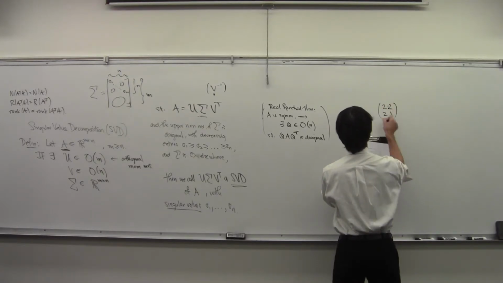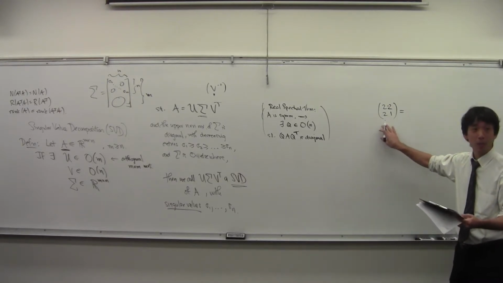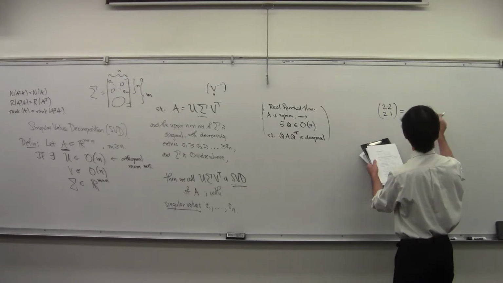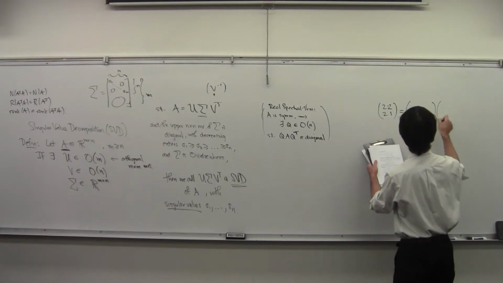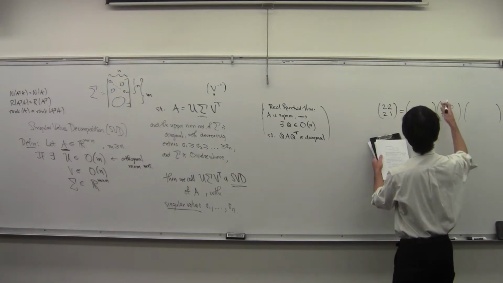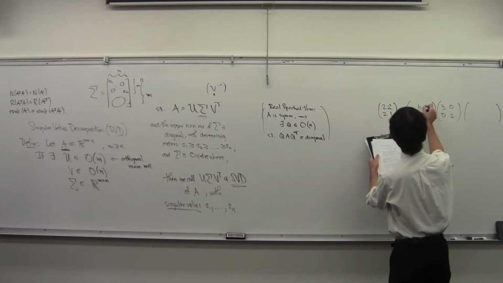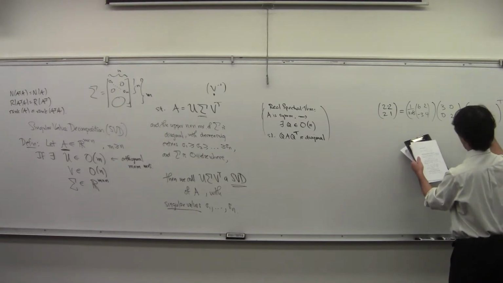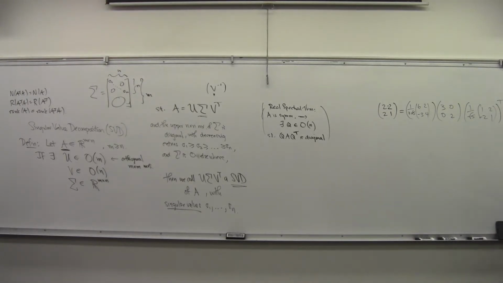We'll take a matrix and do the singular value decomposition on it, and we'll get something like this: in the middle there will be a diagonal matrix, on the left an orthogonal matrix, and on the right another orthogonal matrix, transposed.